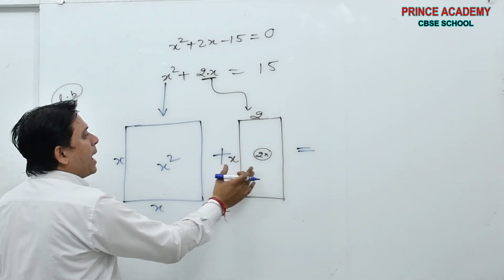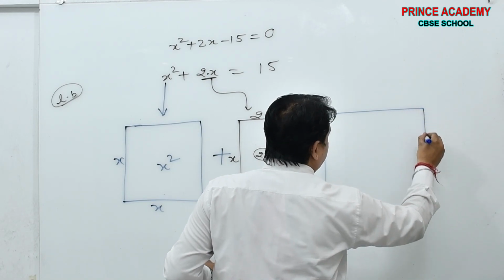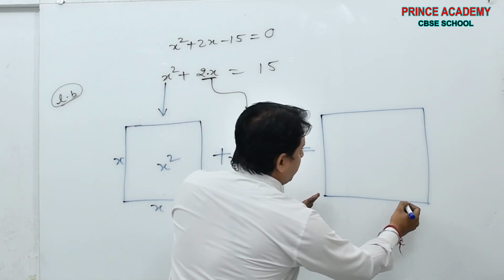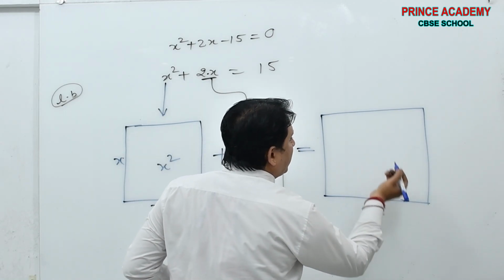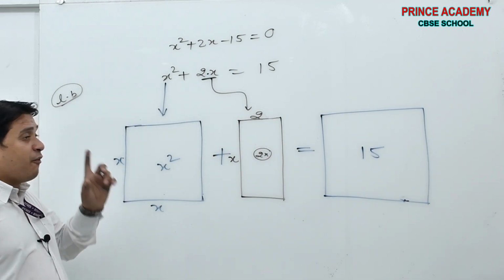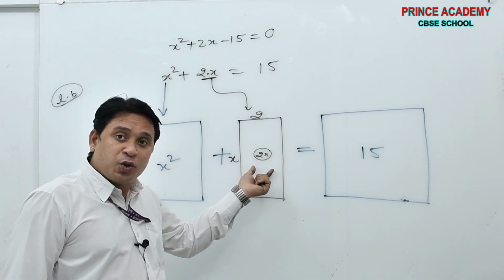When these are combined, what will you get? A kind of rectangle. Up to this portion, suppose this is x square and this 2x is added. Yes or no? Whatever it is, this area is 15. Yes or no? What we did, we added x square and 2x.